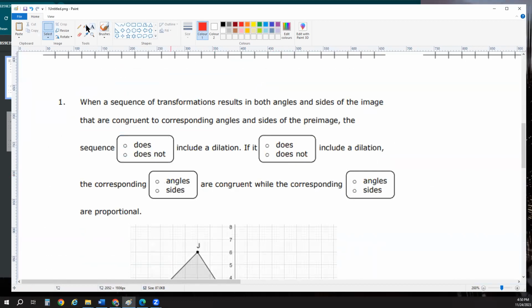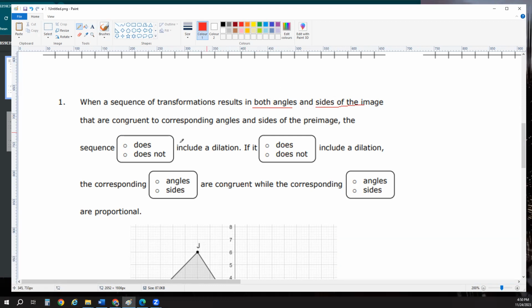All right, so here we go. When a sequence of transformations results in both angles and the sides of images being congruent to the corresponding ones, so this is both the angles and the sides are congruent.